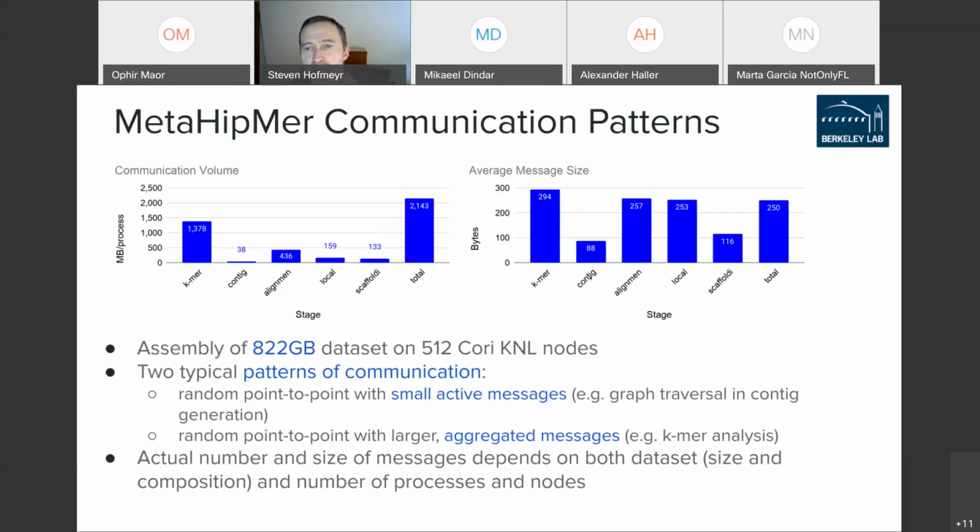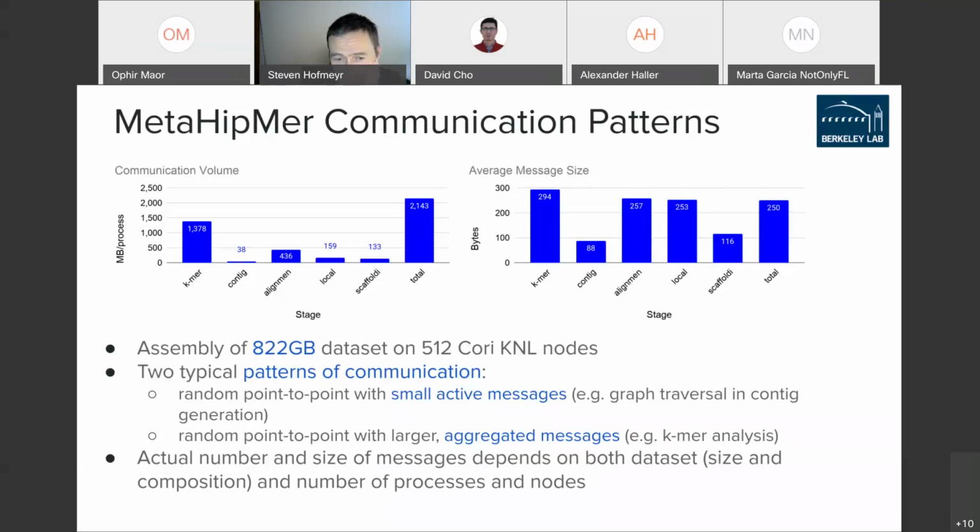We can see that even though contig generation has a lot lower communication volume than k-mer analysis, messages tend to be very small, because you're traversing this graph and fetching just little bits of information about what the next vertex is. Because of that, this contig generation stage tends to be more latency bound than bandwidth bound, whereas k-mer analysis and alignment are more bandwidth bound.